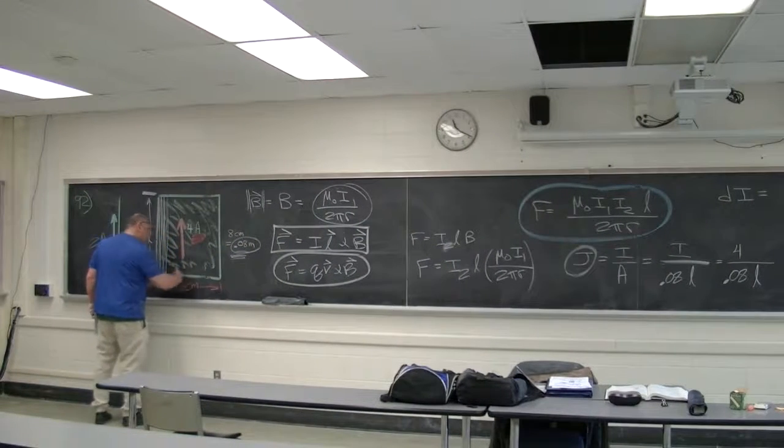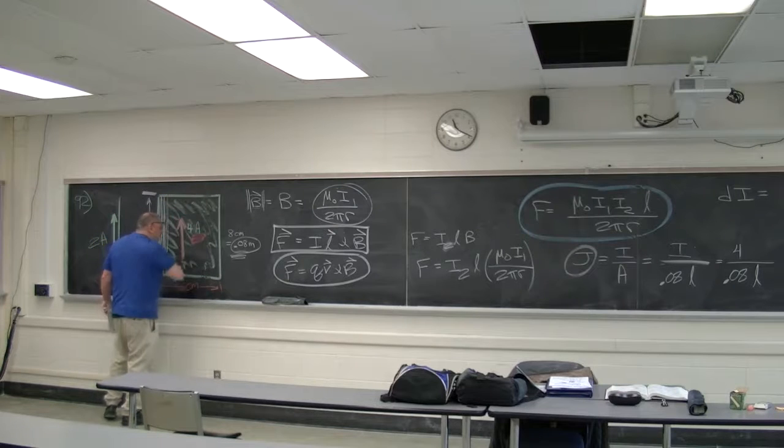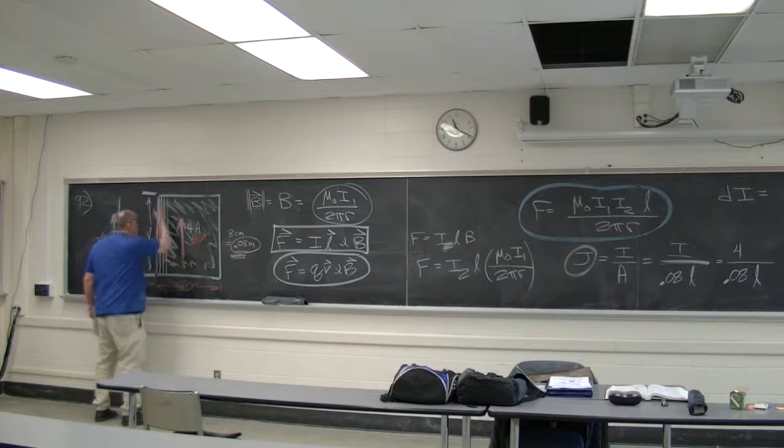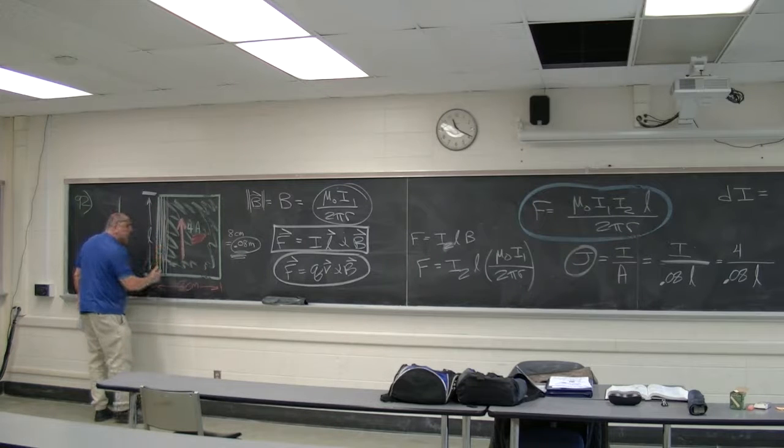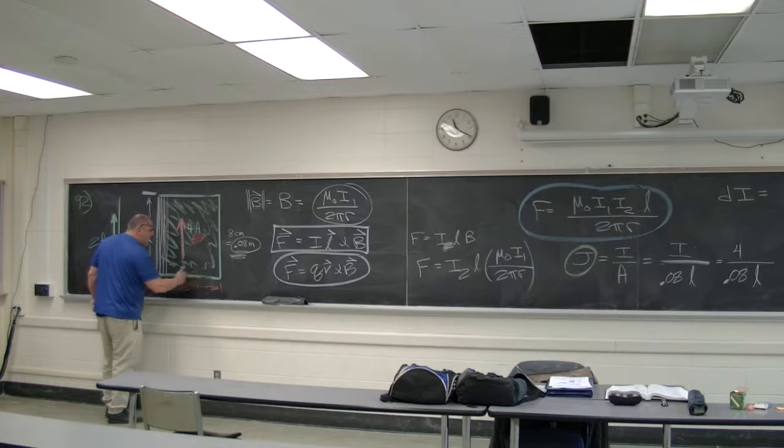If I go 0.08 times L, I got everything here. If you just truncate this, that's all that current that's there. How much current is in this little piece?